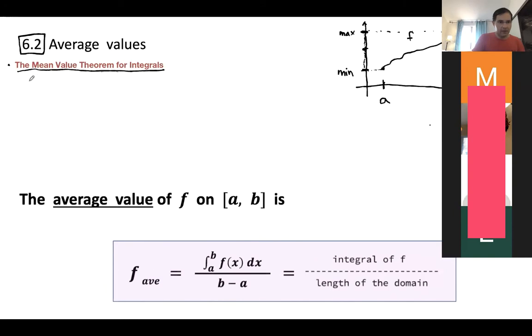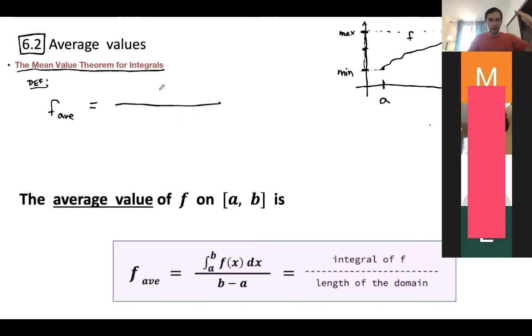So by definition, let f be a function defined on some closed interval a, b. Then the average value of this function f, and that's the notation the textbook uses, and I'll be using the same, is the following number. To compute the average value, it's going to be a fraction.